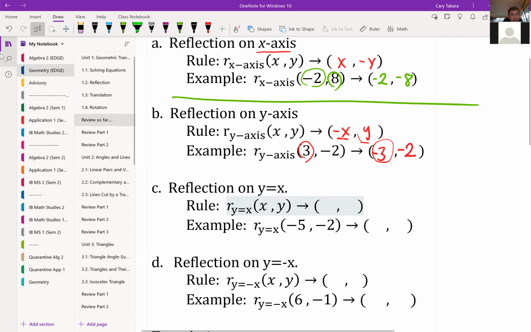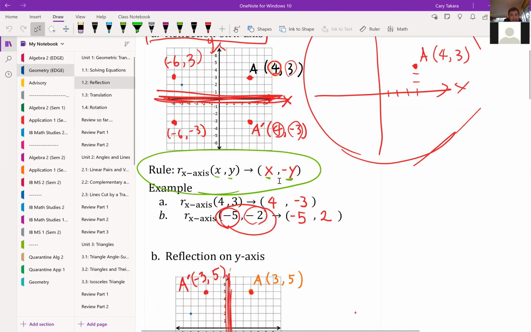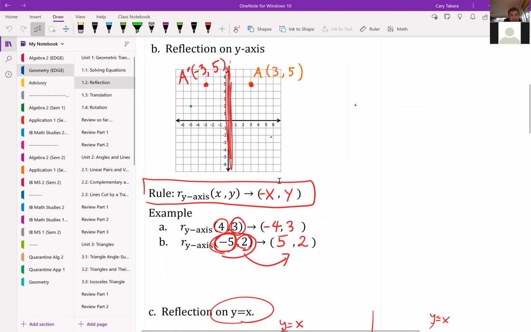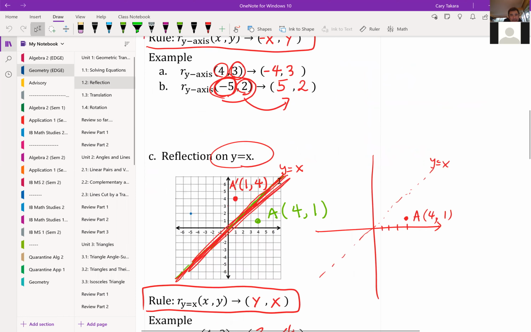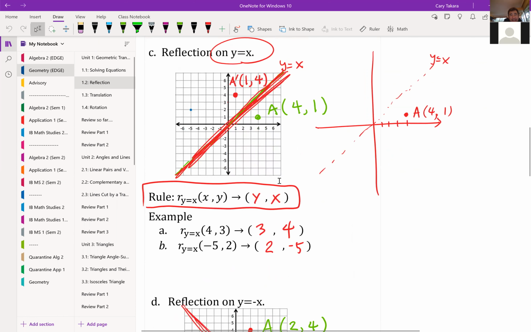I don't remember. Let's take a look at it. Reflection on y equals x will be y and x.